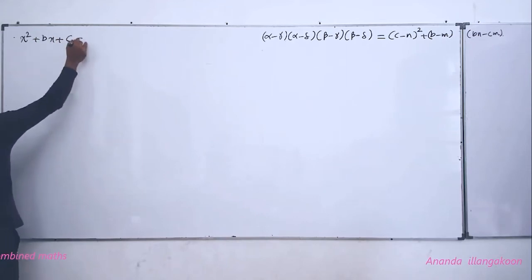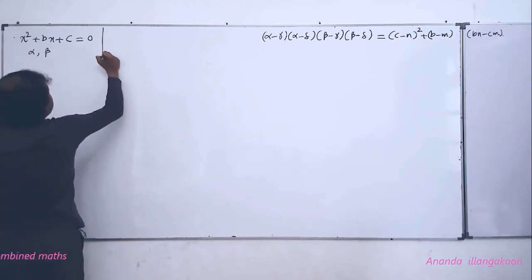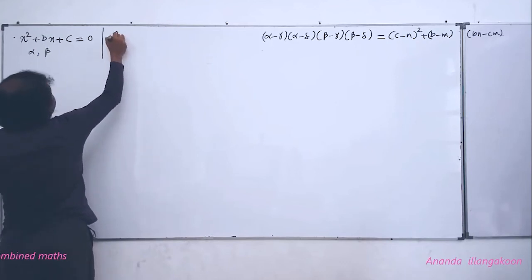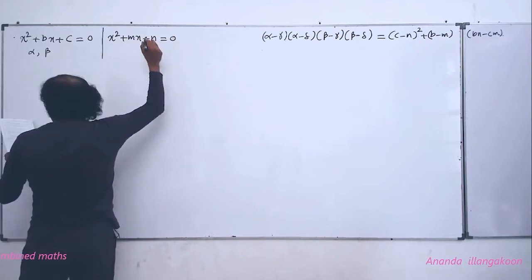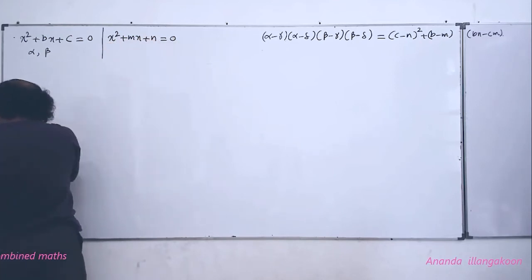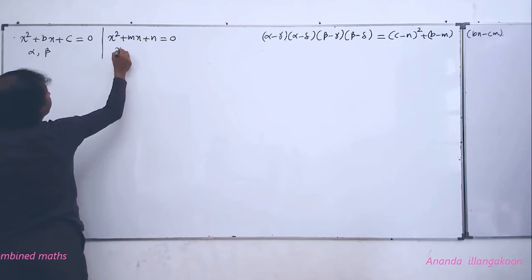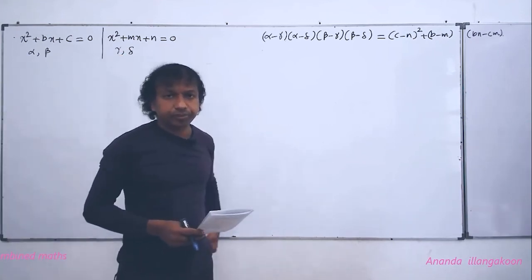This quadratic equation has the roots alpha, beta. Another quadratic equation given, it is x squared plus mx plus n equals 0. That has the roots gamma, delta. This idea we have, people.